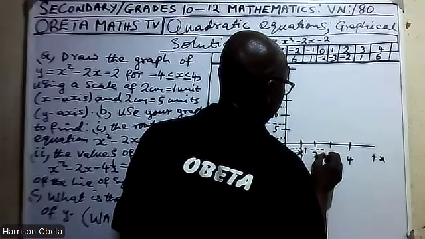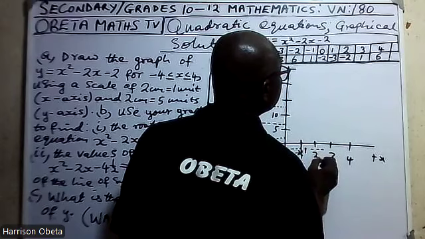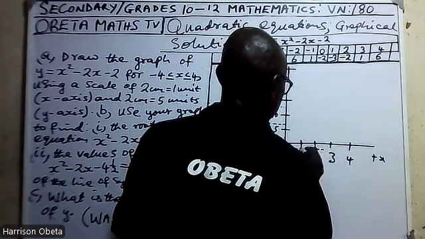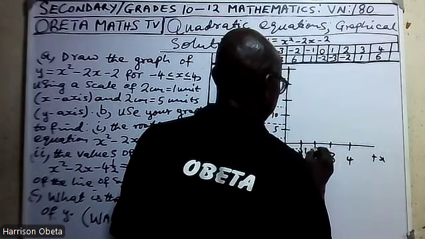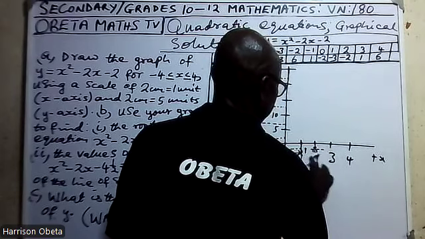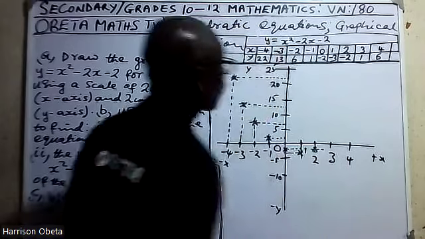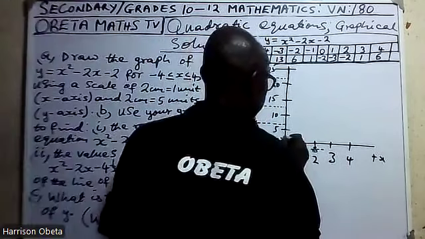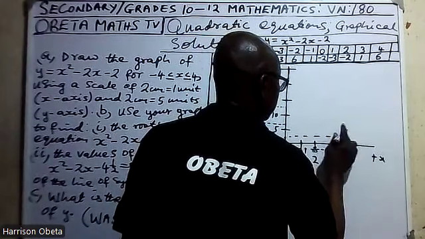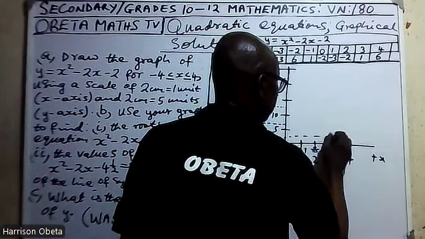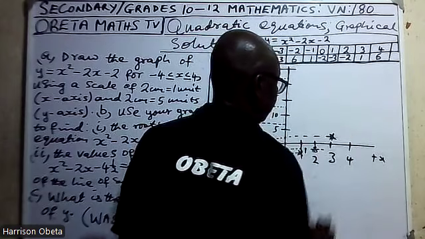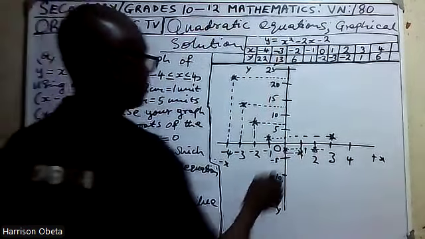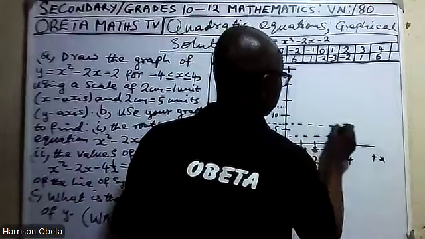So we have this. Mark your x. When x is 3, y is 1. And finally, when x is 4, y is 6.